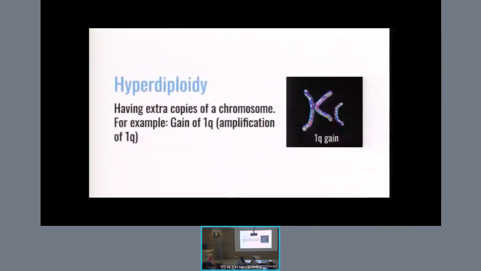Straightforward. Hyperdiploidy is simply an extra copy of a whole chromosome, so they tend to be odd-numbered chromosomes, and the most important one is gain of 1q and amplification of 1q. So that's copy number gain, translocations, and then there are these other structural abnormalities.